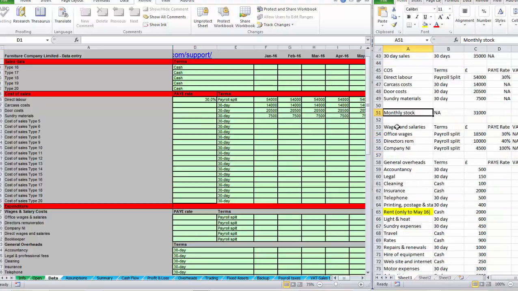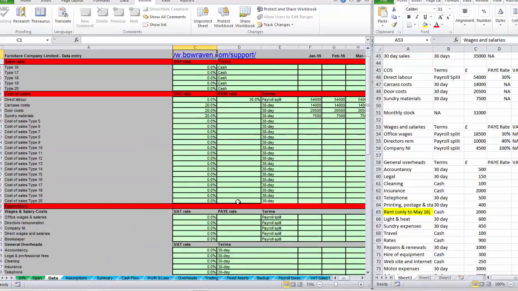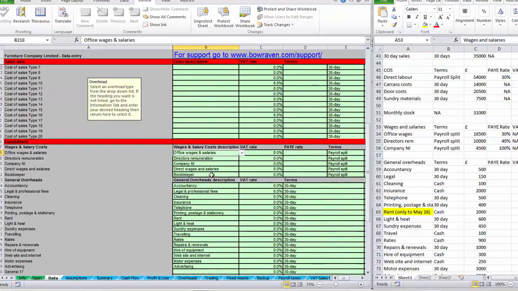Then I'm going to go down to my wages and salaries. I've got my office salaries, no VAT obviously. The PAYE rate is 30%. I've got some director's remuneration, which is 40%. And then company NI.